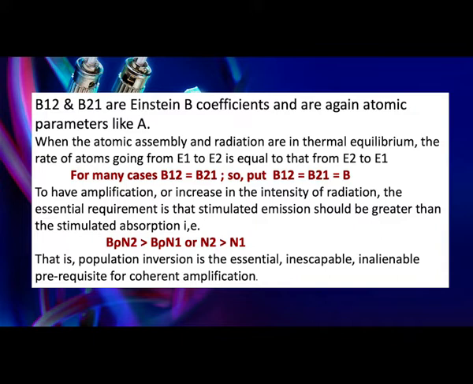Since B is the same and rho is the same, it automatically implies N2 should be greater than N1, that is, the number of atoms should be greater in the higher energy level than in the lower energy level. This is the inescapable, essential prerequisite for coherent amplification.